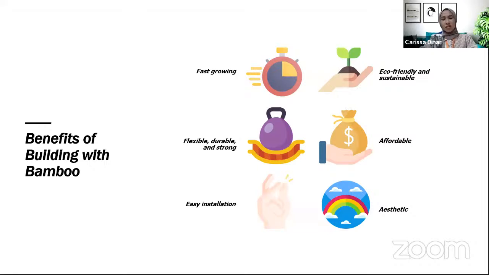It's a far superior sustainable choice, isn't it? Then its flexibility, durability, and strength. Bamboo bends without breaking, and because of its flexibility, builders use it in constructions to withstand earthquakes and accomplish curved projects. Along with being pliable, bamboo lasts a long time.